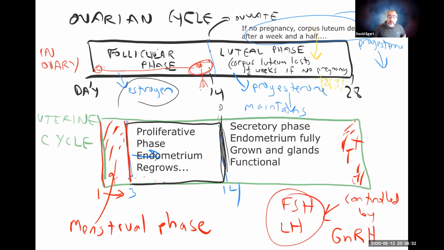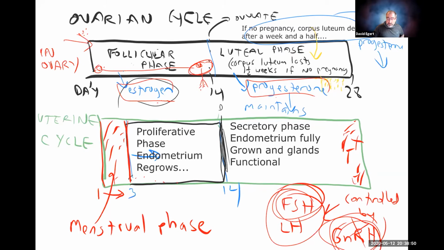In a woman, gonadotropin releasing hormone goes up at the very beginning. That's what starts it all. As it goes up, the follicle stimulating hormone goes up and this all starts. But as long as there's estrogen and progesterone around, they inhibit gonadotropin releasing hormone and keep it down.